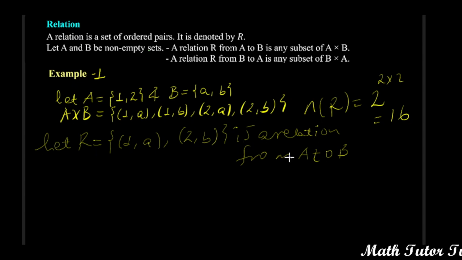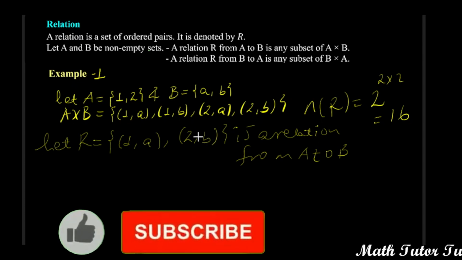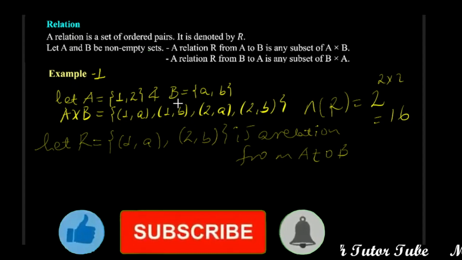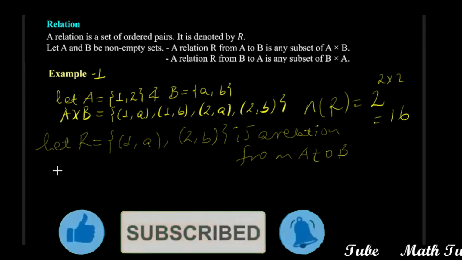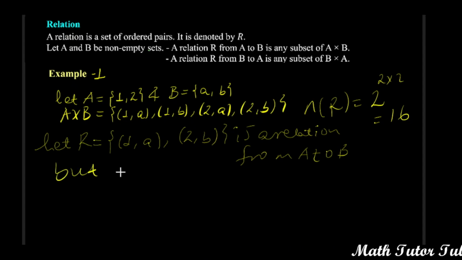So this is a relation from A to B because the first element is an element of A and the second element is an element of B. Let's say this is R1.